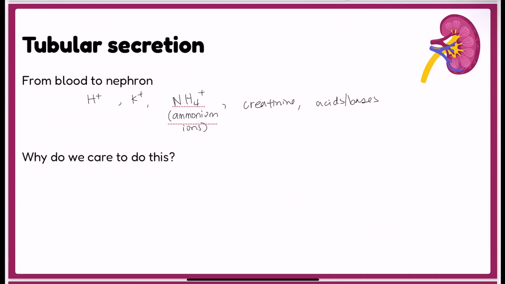But that one is kind of dependent. We're going to talk more about acid-base balance a little bit later. But the major players for tubular secretion are the PCT, because that does most of the jobs, but also the collecting duct.